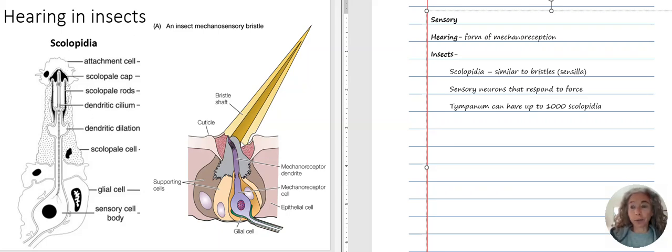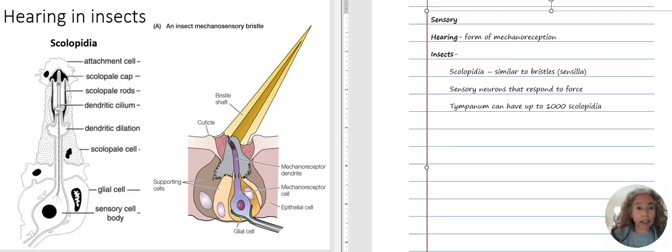Here you can see the bristle that we talked about when we talked about mechanoreception. And remember, it's a stretch receptor, so however much this bristle is displaced is the type of response that you would get. It's a graded response based on how much stretch there is to the bristle shaft. Hearing in the scolopedia is going to be similar to that.